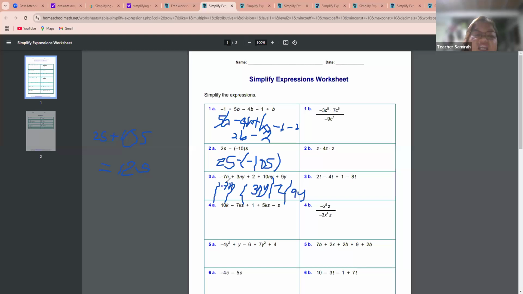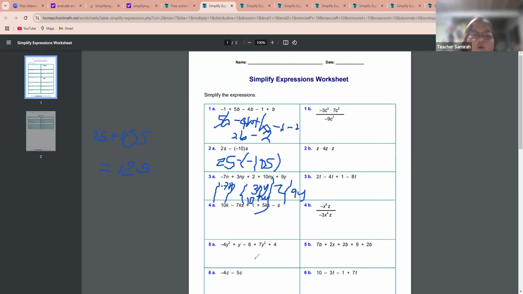Do you see any other term which has the same variable n only? No. Do you see any other term which has the variables n and y? Yes, you saw it, right? That is 10ny. Do you think we left something out here or we wrote everything?